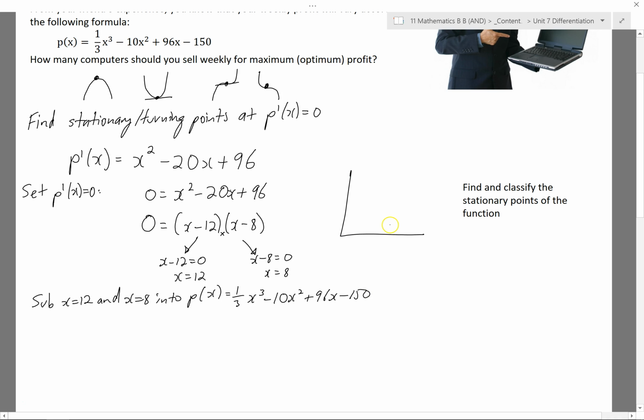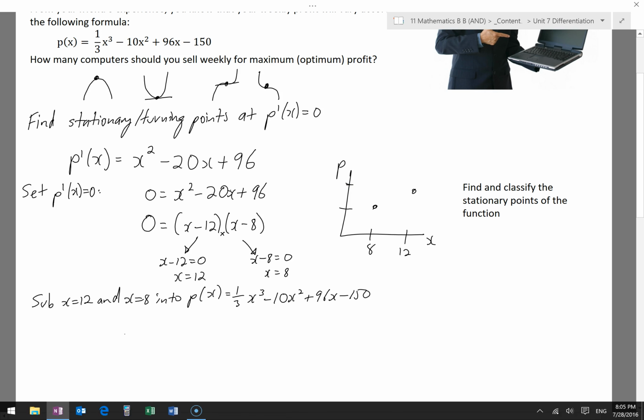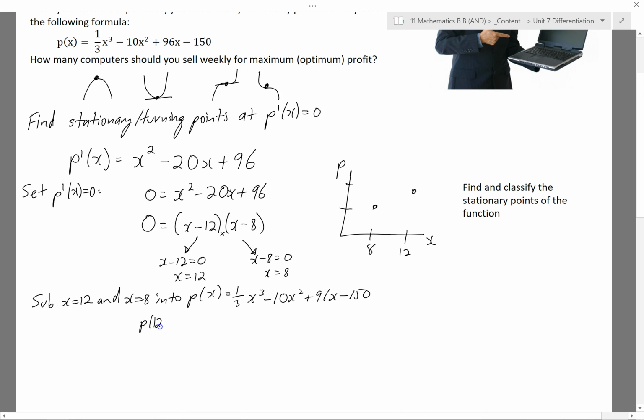So all I know at the moment is that at 8 and at 12 there's a turning point somewhere. I need to know the p coordinate so that I can place these 2 points, I guess, mentally on a set of axes. So I'll find what p of 12 is by substituting it in, and find also what p of 8 is.